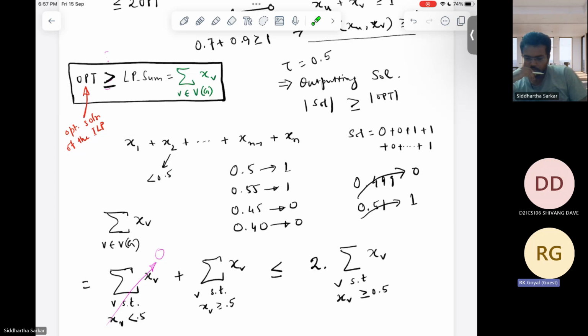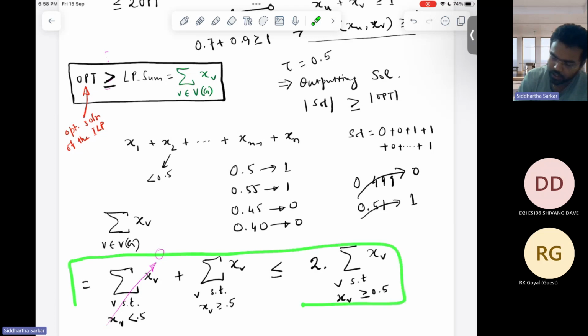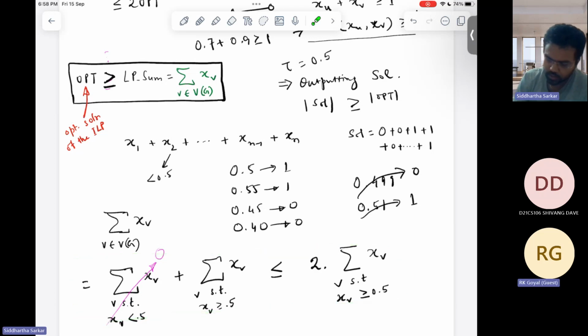But here also we are considering only those vertices whose value is greater than or equal to 0.5. So there is no issue, because this left hand side clearly would be less than or equal to twice of this thing, because this one term has been converted into zero. Correct. So you are convinced about the correctness of this inequality. Yes.